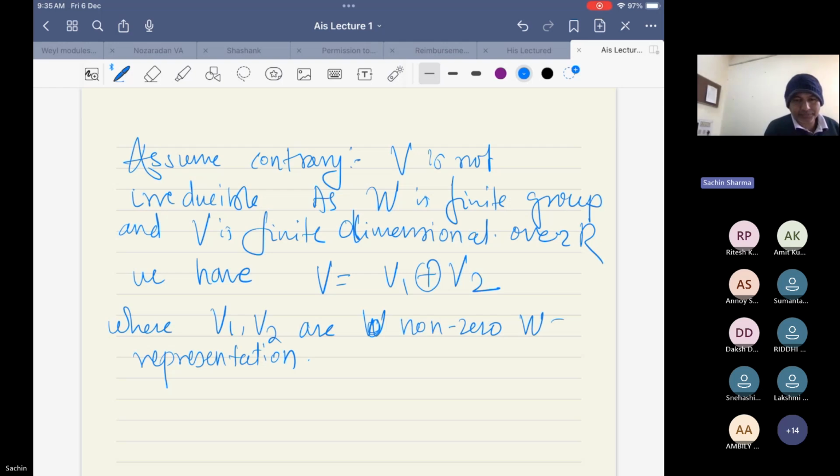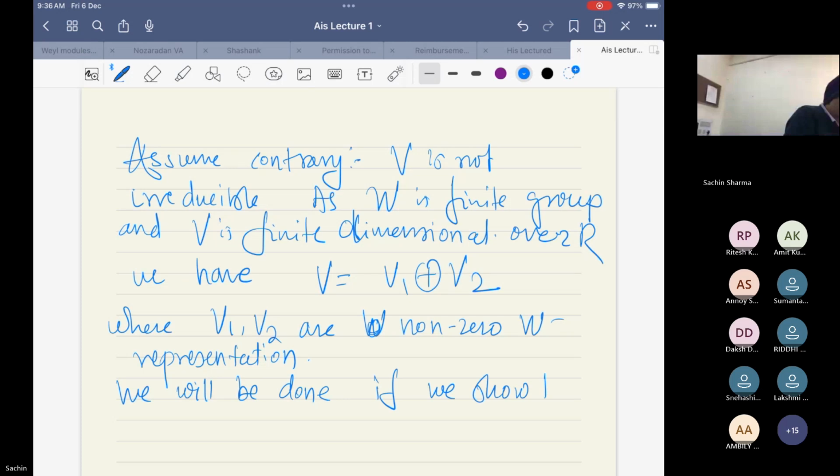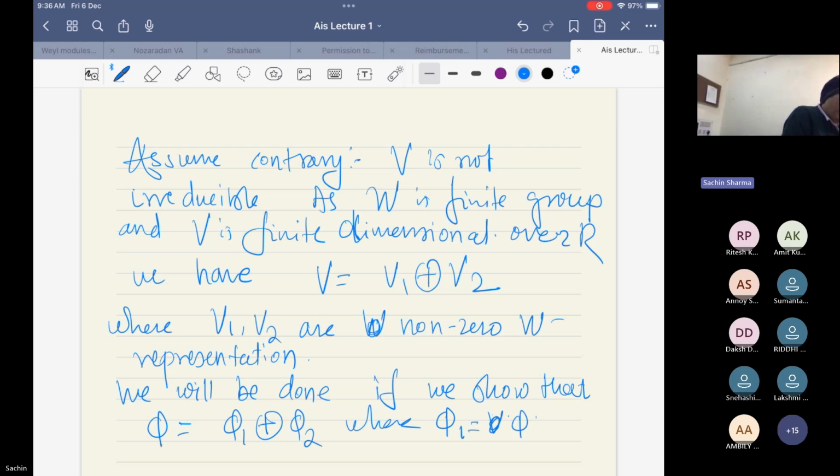Now we will be done if we show that Phi is equal to Phi1 direct sum Phi2, where Phi1 is Phi intersection V1 and Phi2 is just Phi intersection V2.